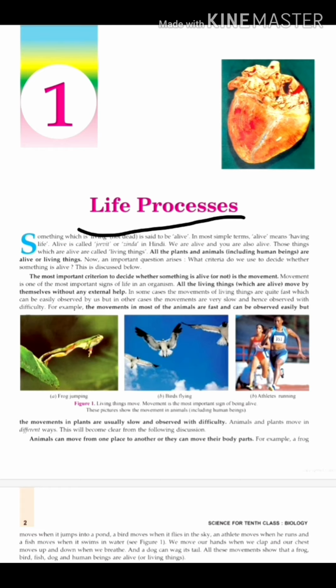Now animals can move from one place to another place in search of food, but plants make their own food, and they only move some parts like flower, stem, root.